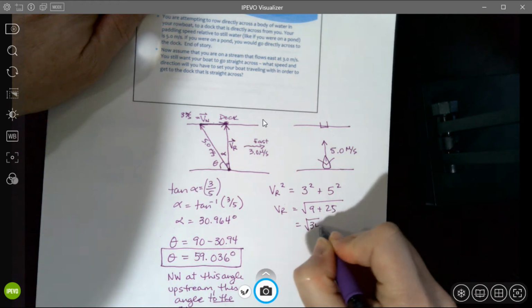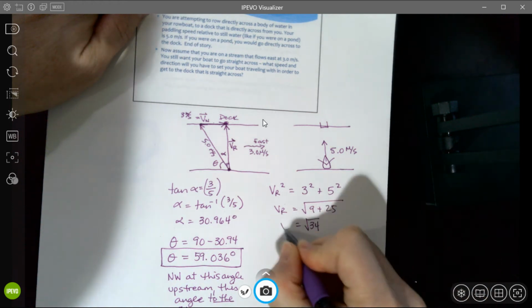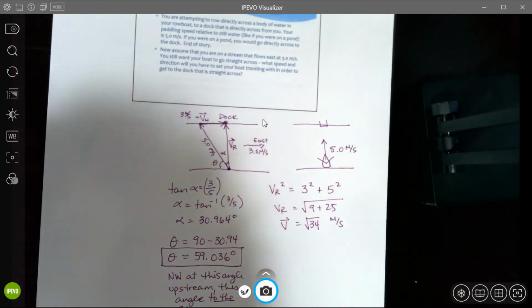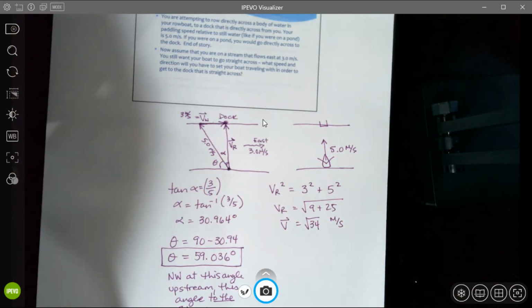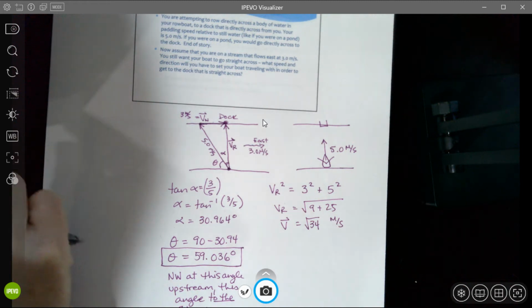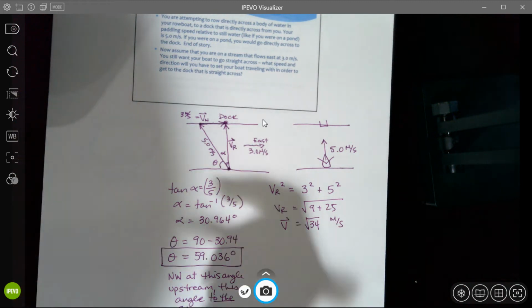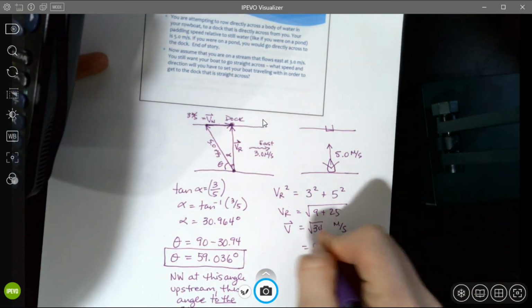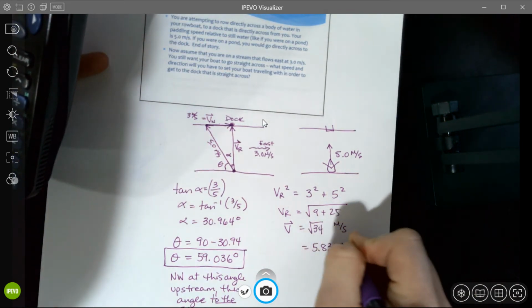Square root of 34. And that's going to be meters per second also. If we want to figure that out with a numerical number to see where it fits in with our other ones, the square root of 34 equals 5.831 meters per second.